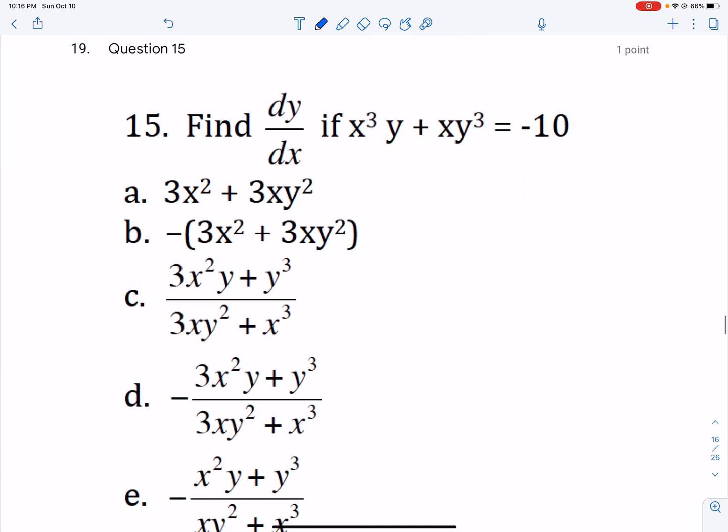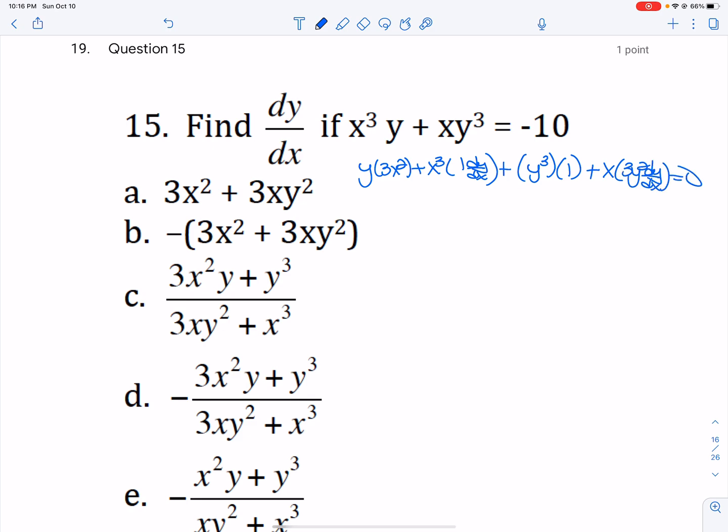14, 15. Lovely. Okay, so y times 3x squared plus x cubed times 1 dy dx. And then I get another product rule. So then that's y cubed times x plus x times 3y squared dy dx is equal to 0. So 3x squared y plus x cubed dy dx plus y cubed plus 3xy squared dy dx is equal to 0.